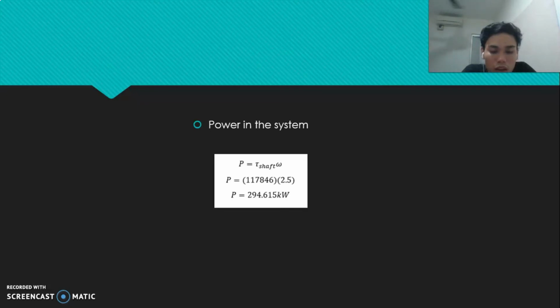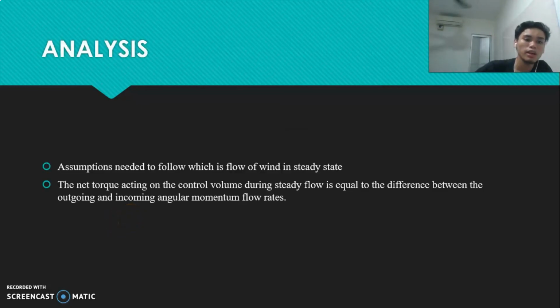We get the total torque from the first equation, so we insert 117.846 kilonewton meter times 2.5 radian per second, which is given. So the power in the system is 294.615 kilowatt.